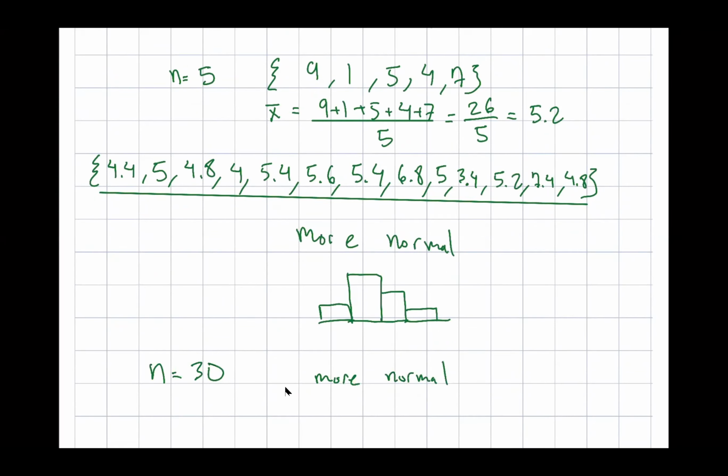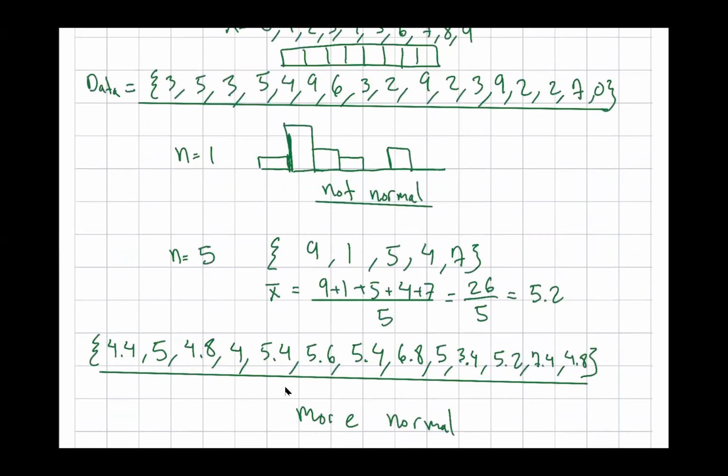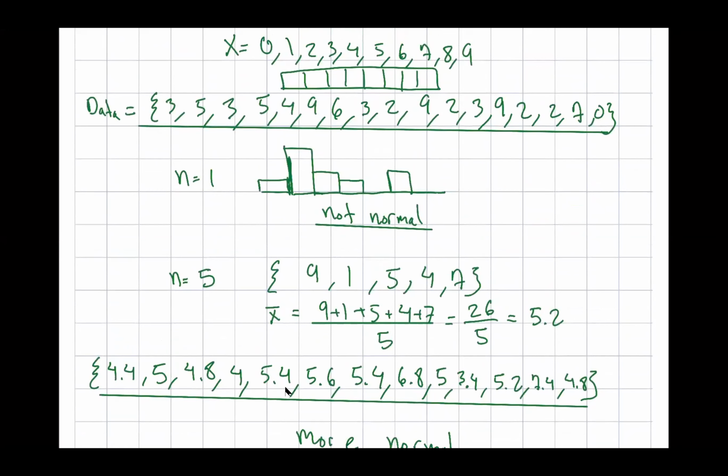This is what we're pretty much going to be doing for chapter 8. Instead of taking a sample size of 1, we're going to take a sample size of n. And that sample size of n is going to be more symmetrical than if we take a sample size of 1. Because if you remember, when we first started with a sample size of 1, it was non-normal.